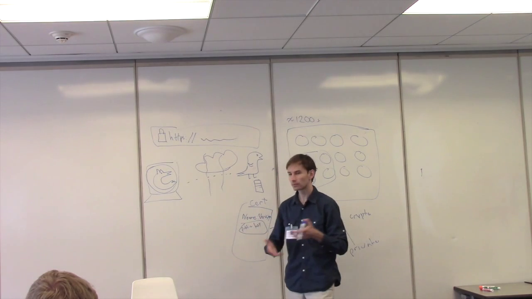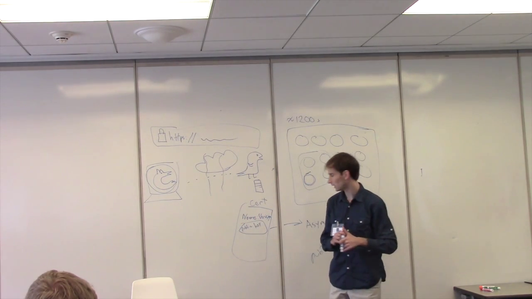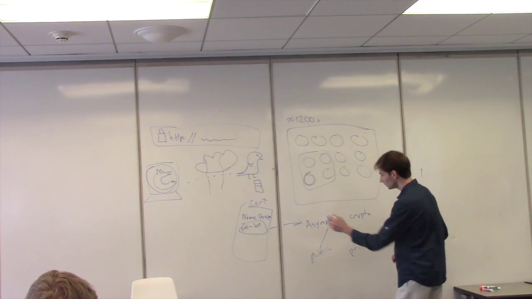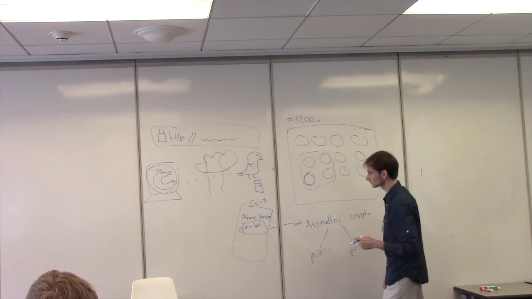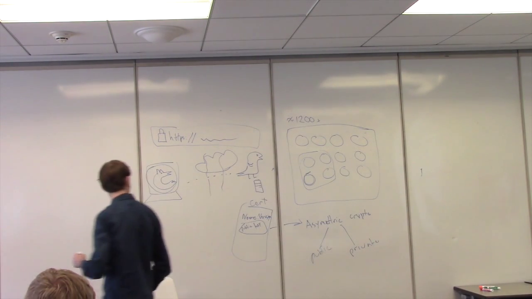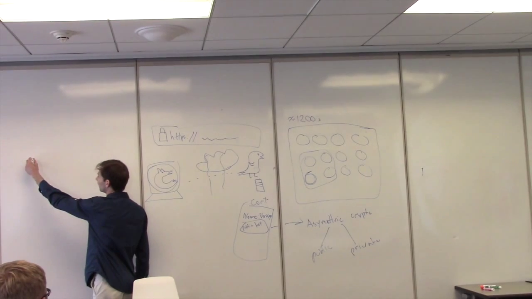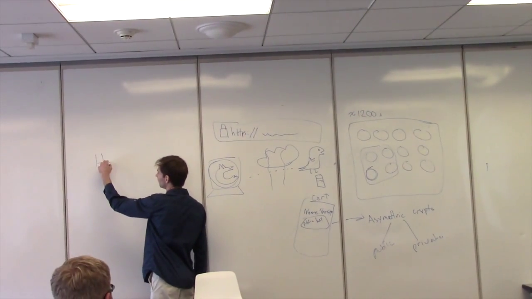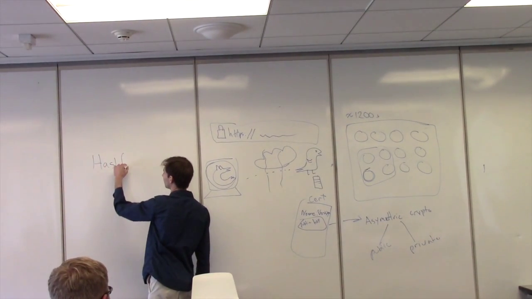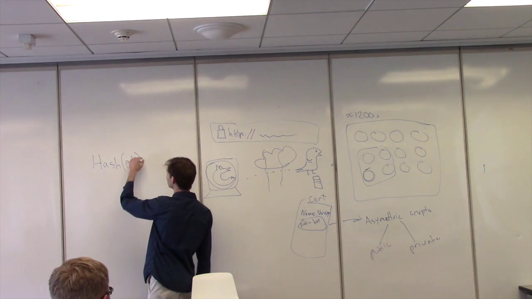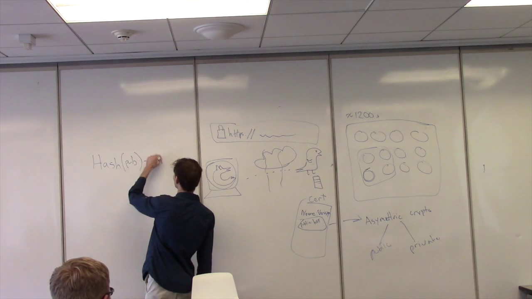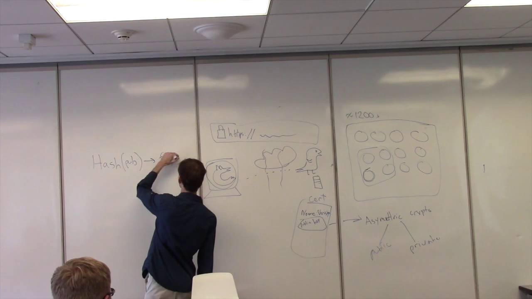Now this is also relevant to Bitcoin payments, because when you take a public key and put it through a hash function, you get what's called a fingerprint.